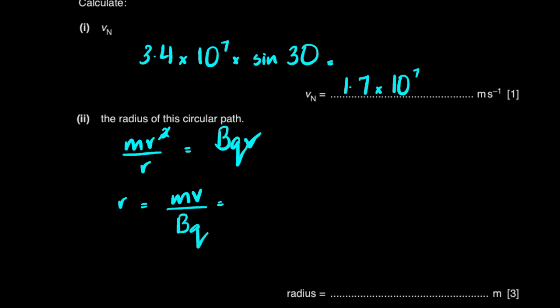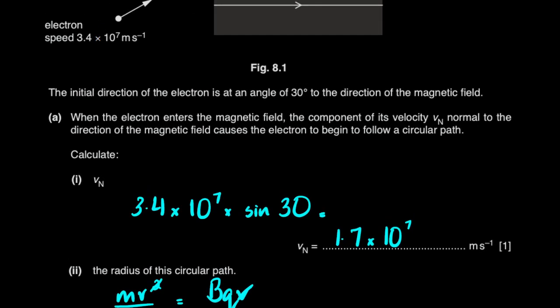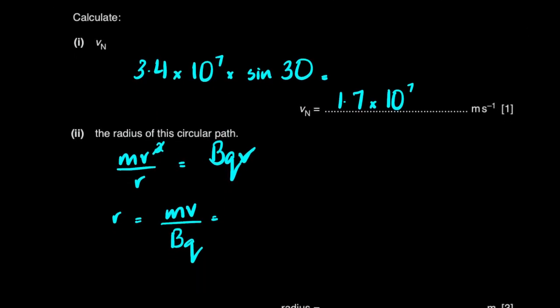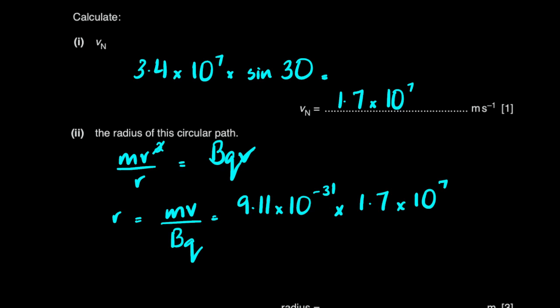So this is an electron, right? From the formula sheet, its mass is 9.11 × 10^-31. The velocity which we just found out, again keep it to more significant figures, but because sine 30 is exactly half, this value is also exact.